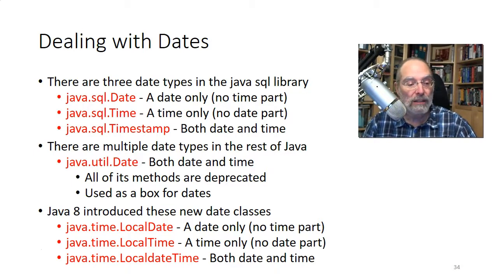This approach was made part of Java 8 and so introduced three new classes: local date, local time, local date time. As you can imagine, the first two map neatly, and the last one represents our equivalent of timestamp or our equivalent of date time, but with the added advantage of understanding UTC and time zones.